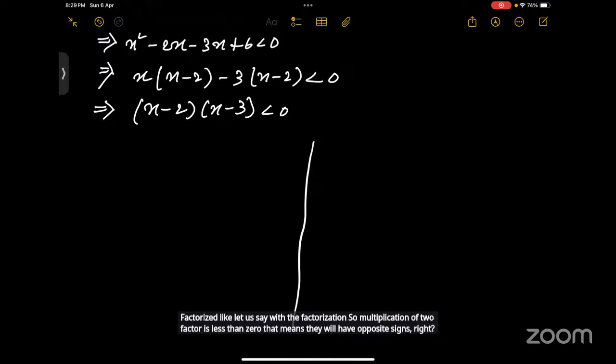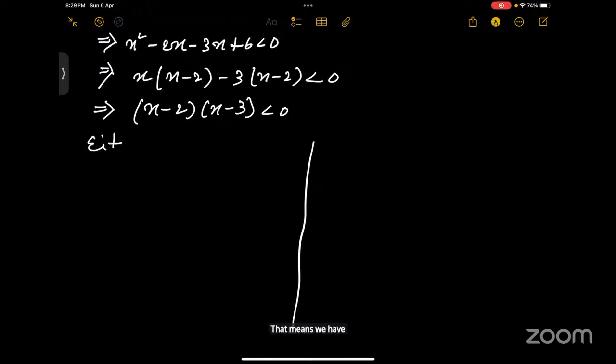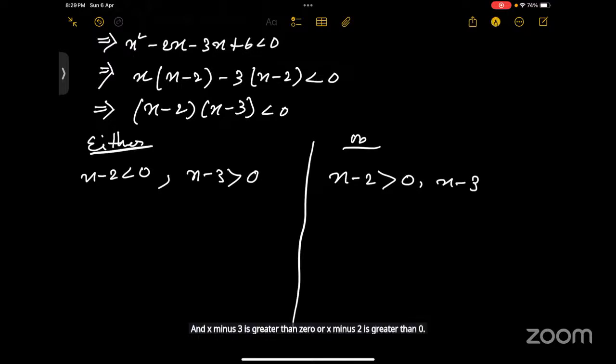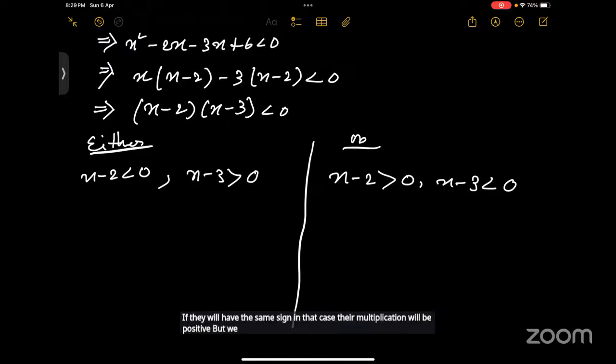That means we have two different options. Either x minus 2 is less than 0 and x minus 3 is greater than 0, or x minus 2 is greater than 0 and x minus 3 is less than 0. These two are the only possibilities, right? If they have the same sign, their multiplication will be positive. But we have the negative one. That means they will have different signs, right?